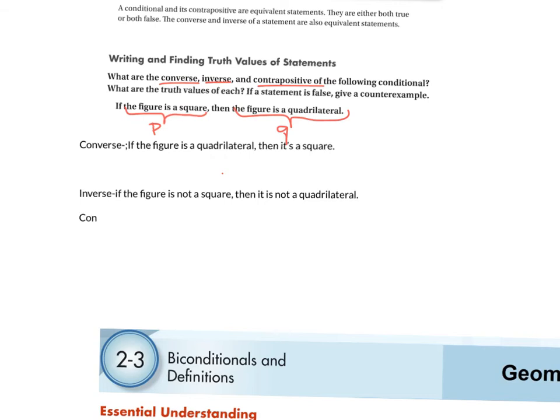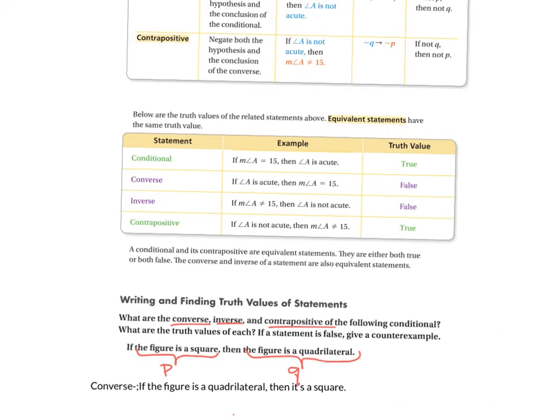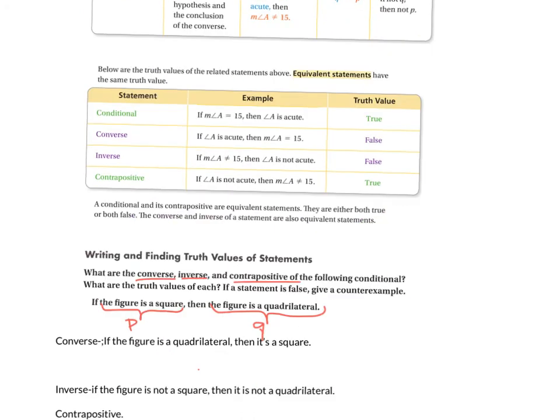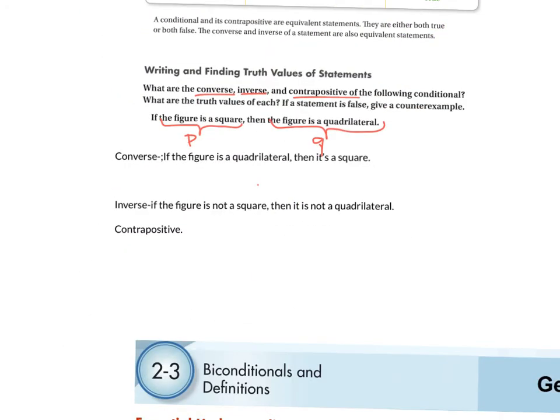The last one was the contrapositive. So the contrapositive, let's recap, is when you flip them, so it's not Q, then not P. So flip them and use the negation.